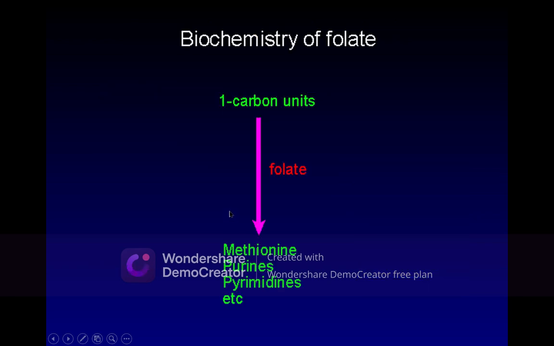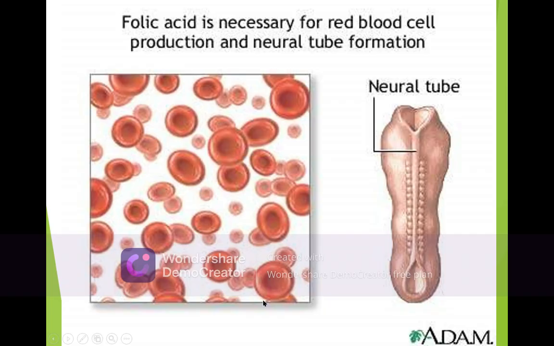One carbon units, whatever they are, in the presence of folate, which is a carrier, will form methionine, purines, and pyrimidines, the basic substrates for the synthesis of DNA. So it is needed in every part of the cell, every part of the body, every tissue.